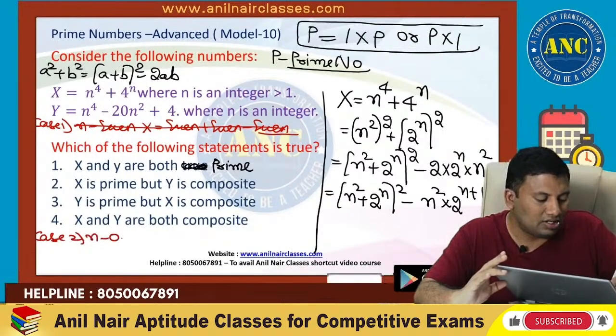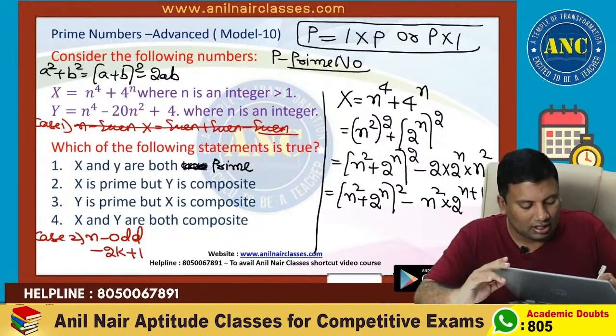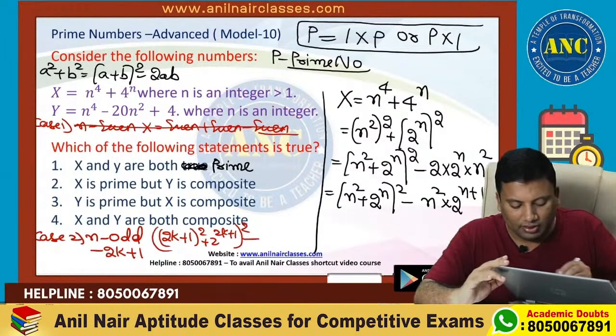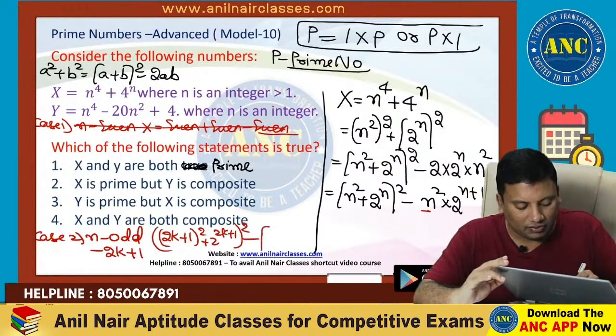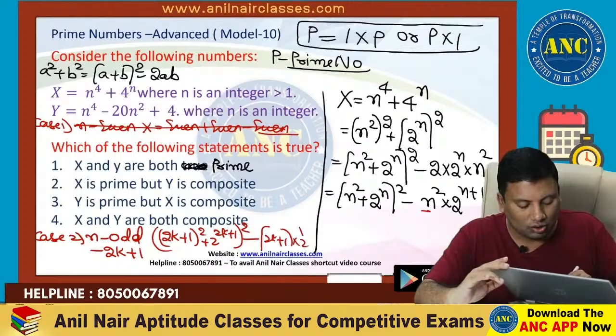Case number 2. If n is odd, any odd number can be written in the form 2k plus 1. Now, if you observe, this is nothing but 2k plus 1 whole square plus 2 power 2k plus 1 whole square, minus 2k plus 1 whole square into 2 power 2k plus 1 plus 1, that is 2k plus 2. So 2 power k plus 1 whole square.